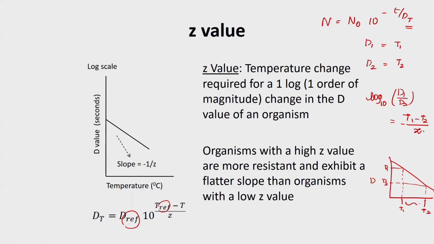So, this is nothing but my Z value, 1 log reduction, right; from D1 to D2 it is a 1 log reduction. So, what is the temperature range it would be having? The same as what we discussed already: the organisms with high Z value are more resistant and exhibit a flatter slope. If you compare both of the concepts, it is at different temperatures what would be my D value, and from that how I am calculating the slope, right.